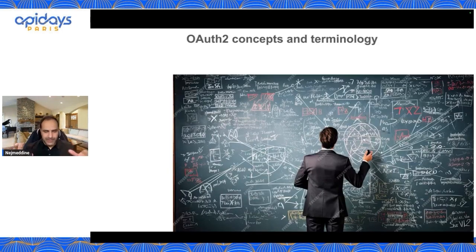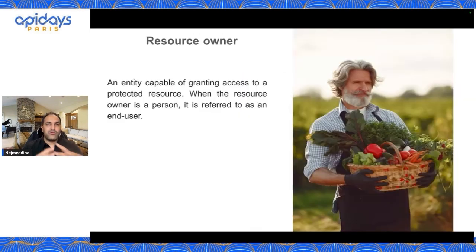And now it's still confusing. I know that I'm giving you all the terminology, and for a person who is discovering OAuth 2 for the first time it is still confusing. The idea now is to deep dive into all these concepts. So for that, I will give you a story.